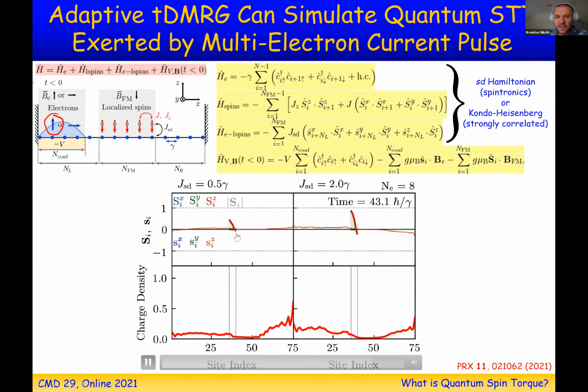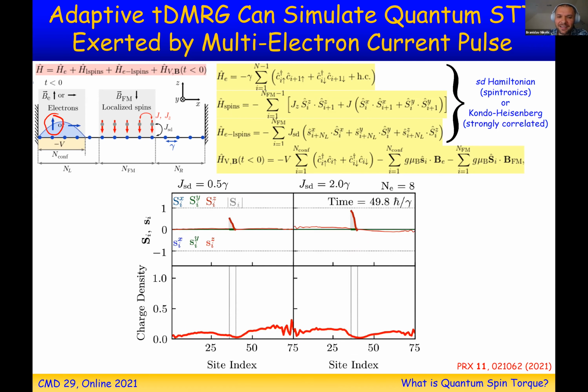Now with many electrons, we can actually flip the spin, but the x and y components of the spins are completely frozen. So this is again purely non-classical dynamics, in which the only thing you see is as if the spin just flips from up to down without ever rotating.